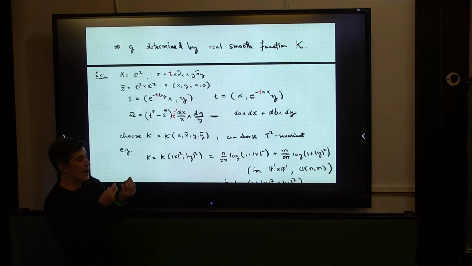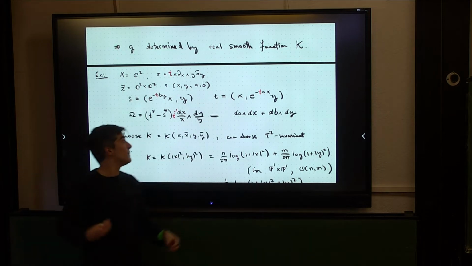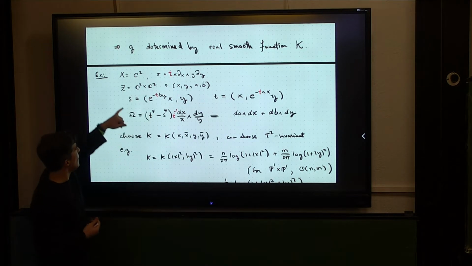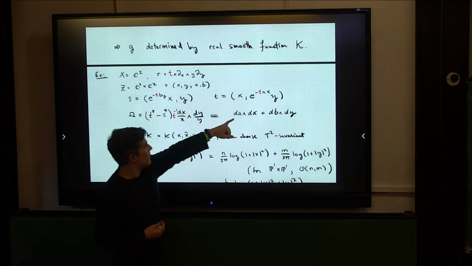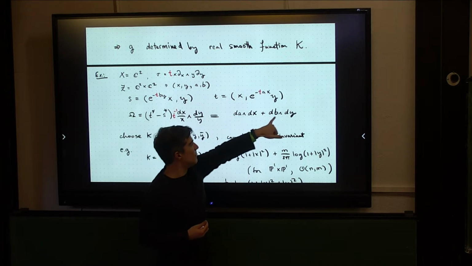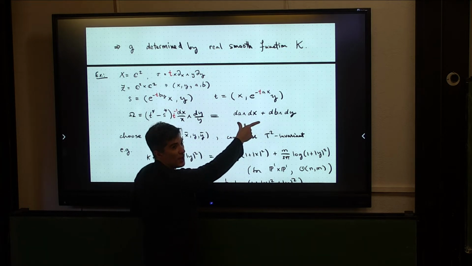And the bigger a and b are, the longer that arrow is. And then the holomorphic symplectic form on Z has this very simple expression, da dx plus db dy. So you see that this looks very much like a holomorphic cotangent bundle.